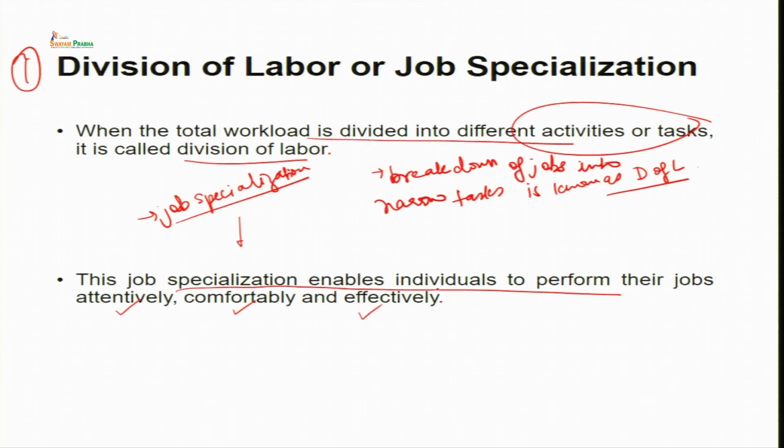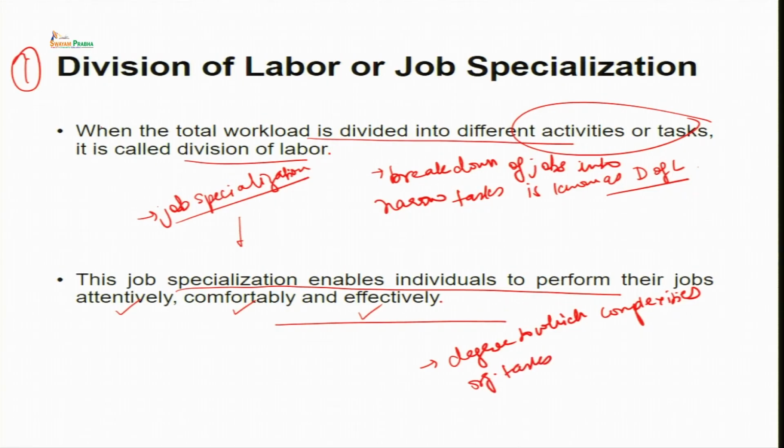However, the extent of division of labor and job specialization in an organization depends on the degree of complexity in the organizational tasks. If the complexities are higher, then the jobs can be divided into simple tasks.